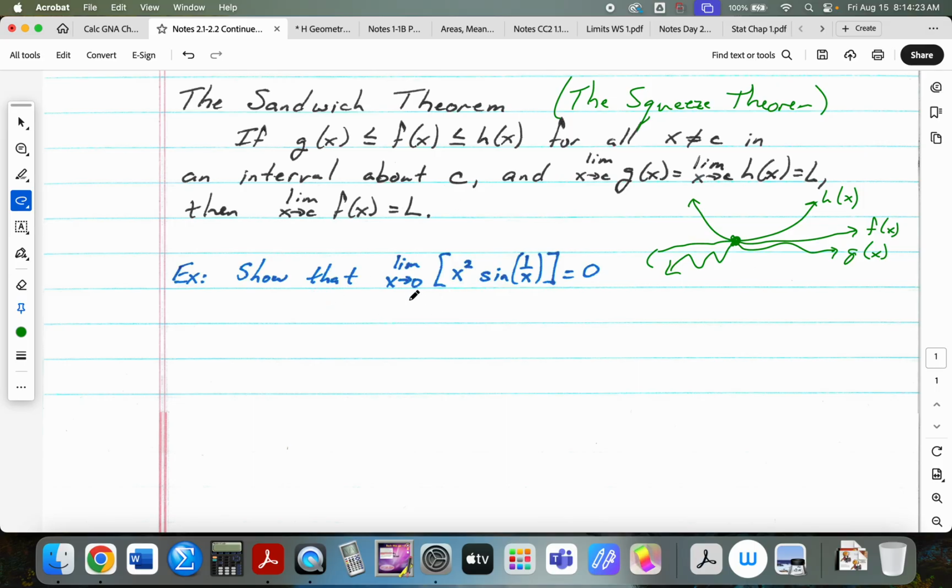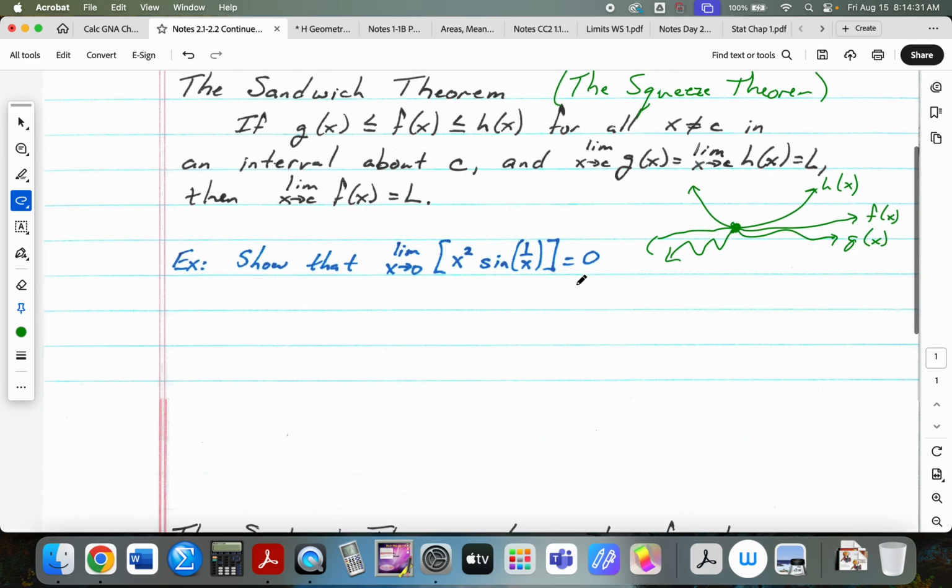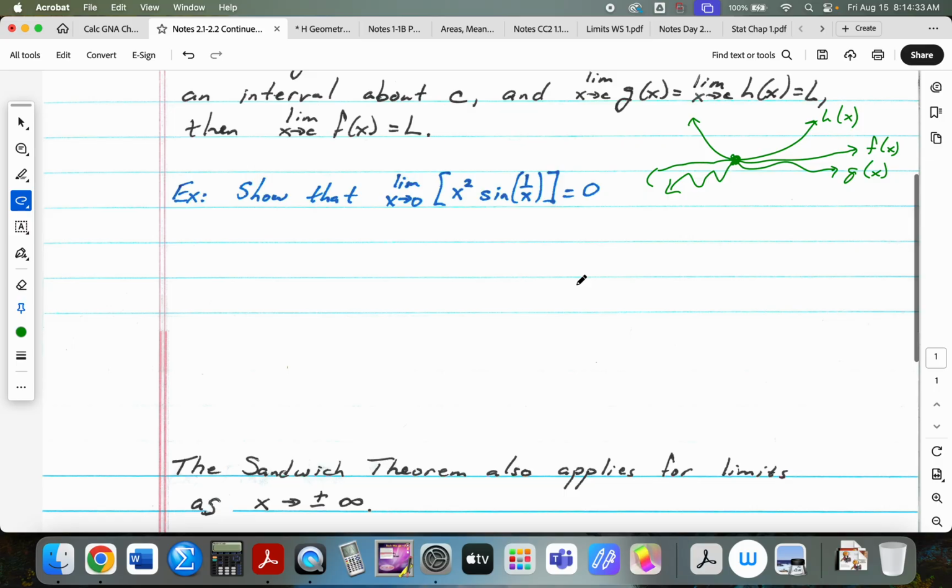For example, if I want the limit as x goes to 0 of x squared times sine of 1 over x, and we want to show that that's equal to 0, it's not immediately obvious what's going to happen here. However, what we can look at is, okay, sine of anything is always between what and what?